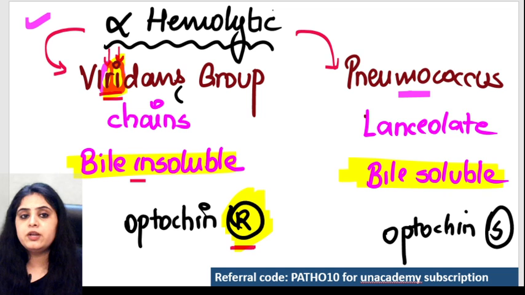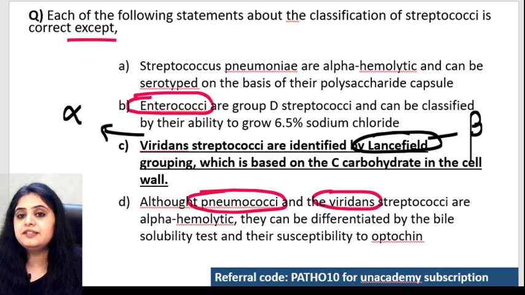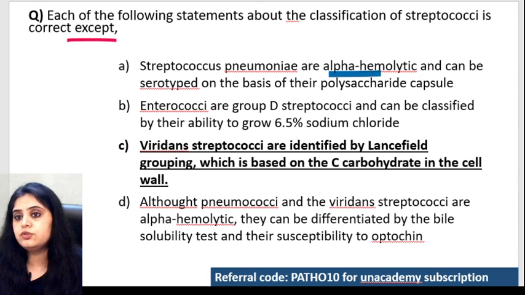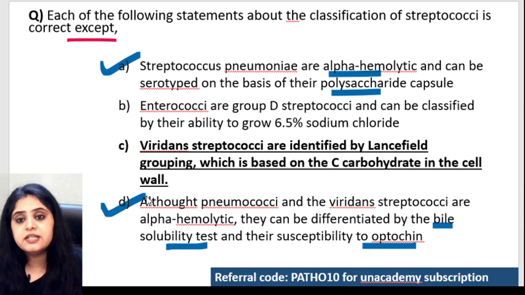So coming back, this was one part about the difference between viridans and pneumococcus. If I come back to my question now and start analyzing it again, I'll delete everything and again start the analysis. Streptococcus pneumoniae alpha hemolytic, true statement. Can be serotyped on polysaccharide capsule, absolutely true. Look at the last statement. Although pneumococci and viridans streptococci are alpha hemolytic, correct, they can be differentiated by bile solubility and optochin sensitivity, correct.